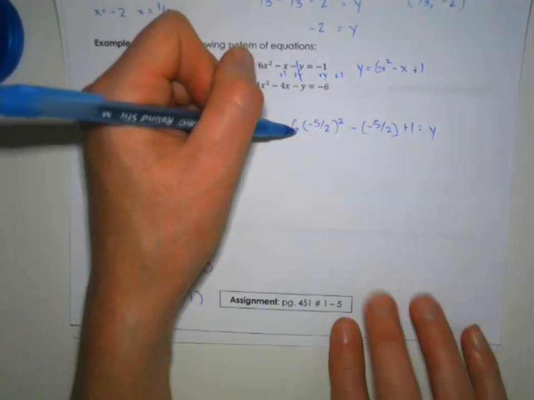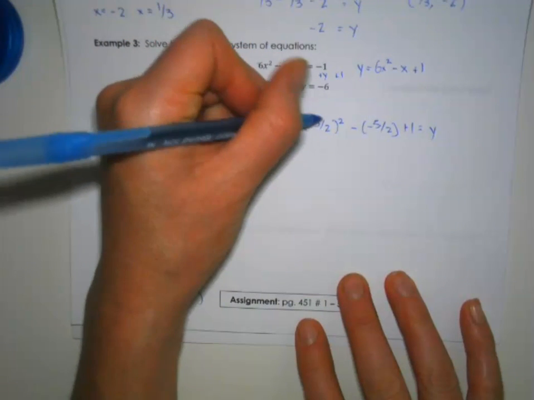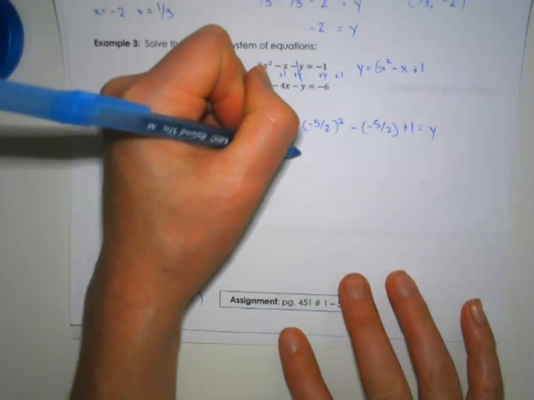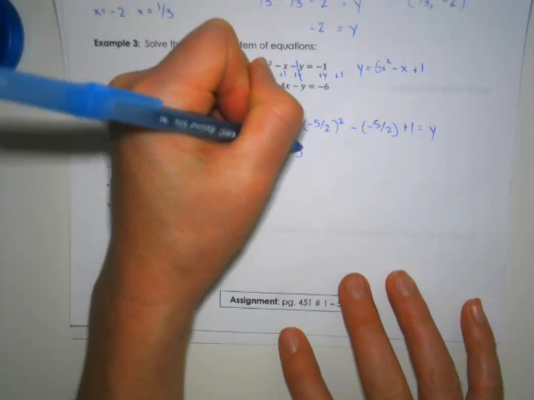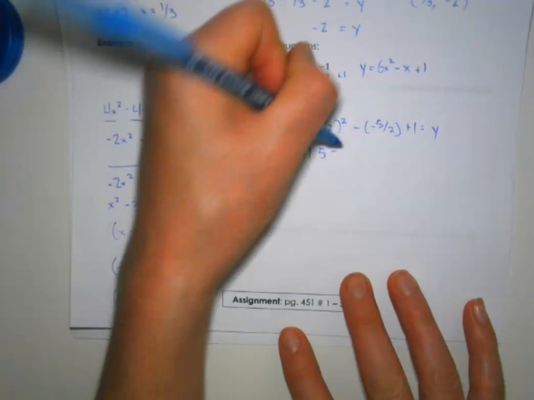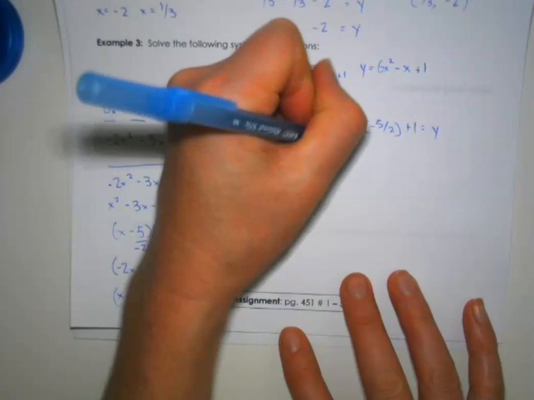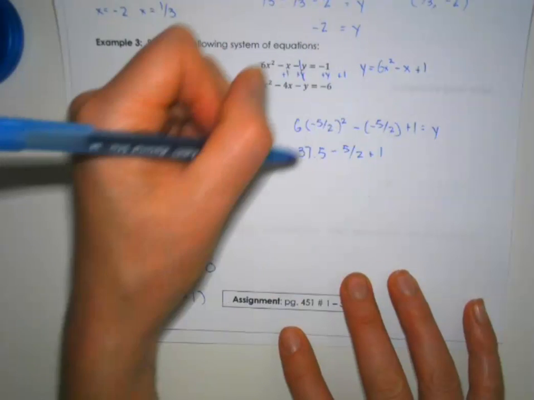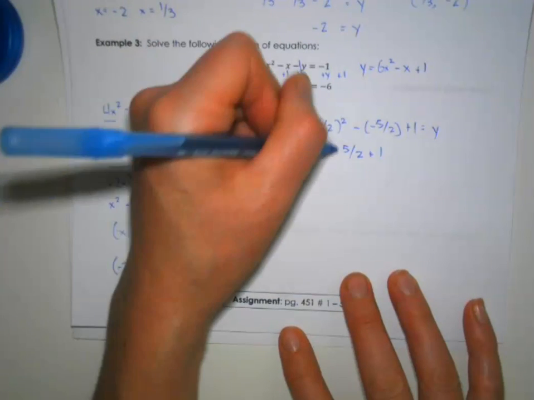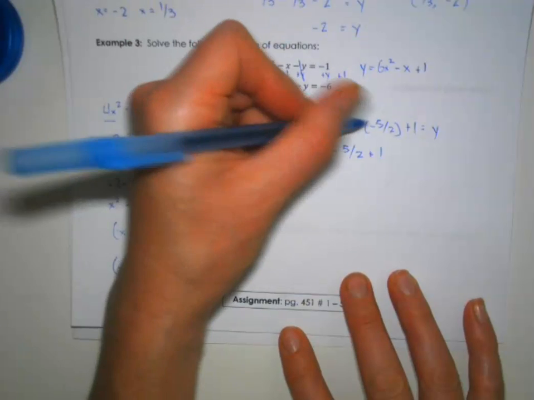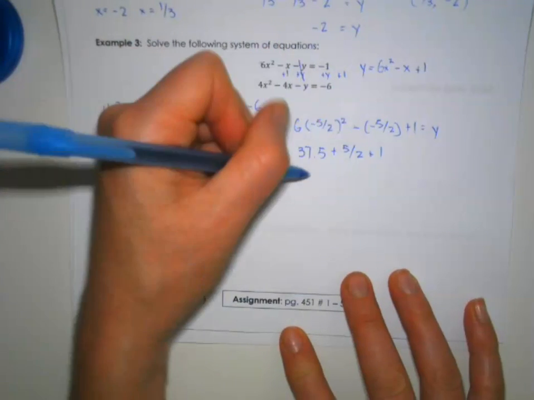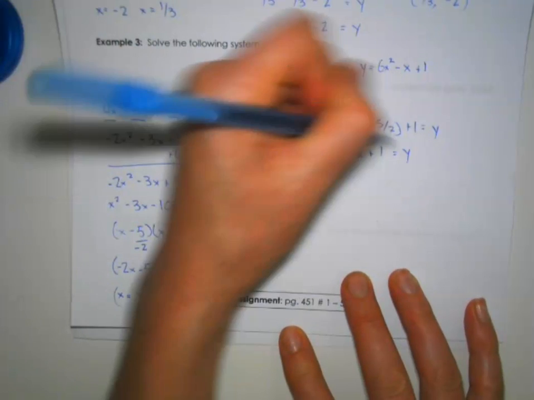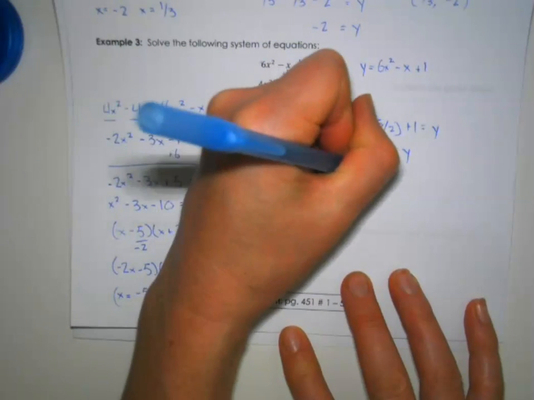So that's going to give us, this gives us like 6.25, I think, or something like that. So if we multiply that by 6, it's 37.5 minus 2.5, basically, 5 over 2. So that gives us 35 plus 1. Oh, sorry. Wait, what am I doing? Negative. So it's plus 2.5. There we go. So that's 40 plus 1 equals y. And so y is 41.